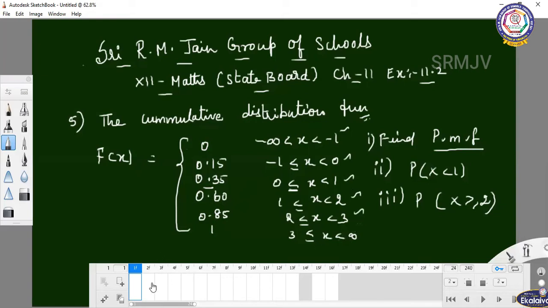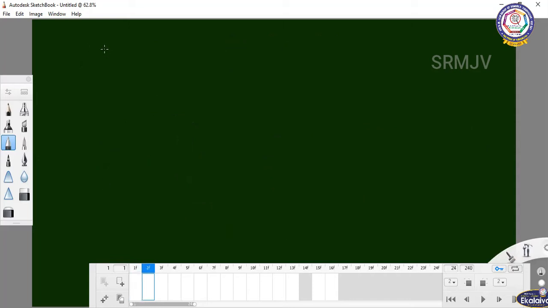So what is X and F of x? Capital X can take the values -1, 0, 1, 2 and 3. F of x is normally mentioned as what? Cumulative distribution.